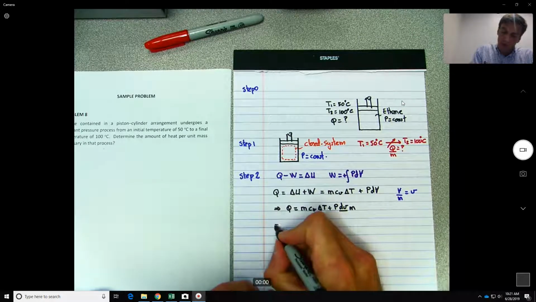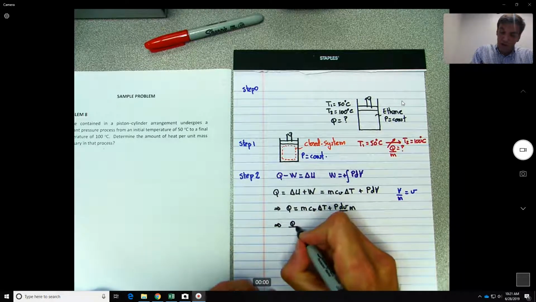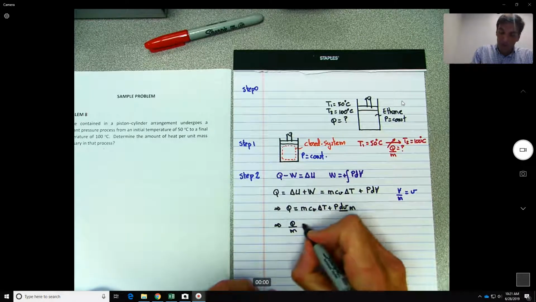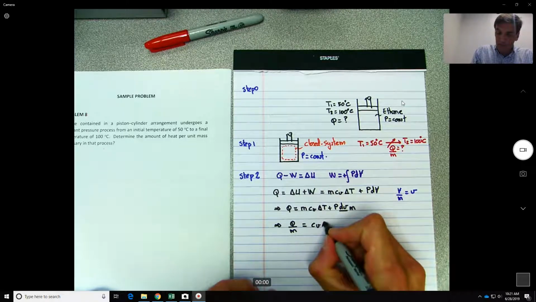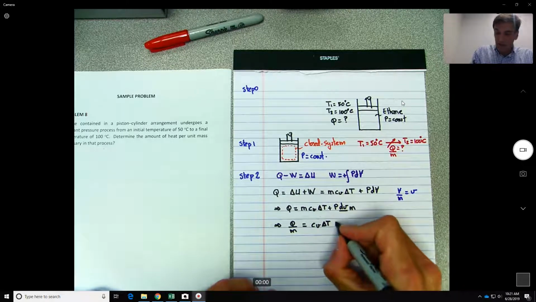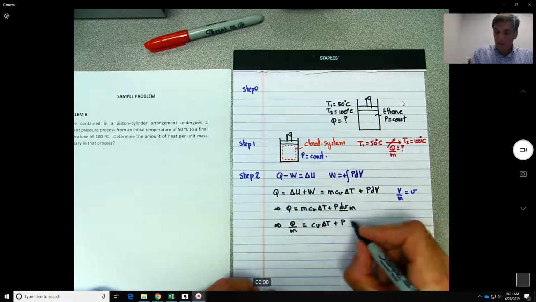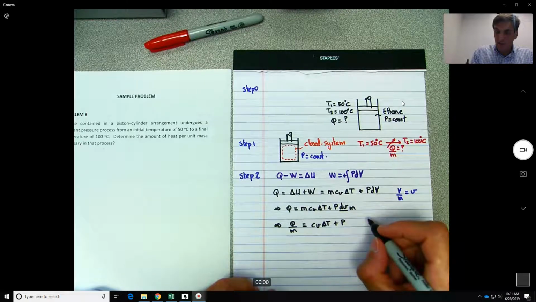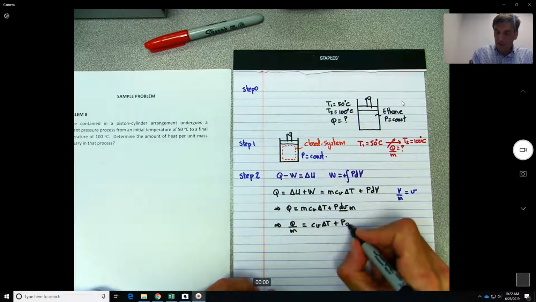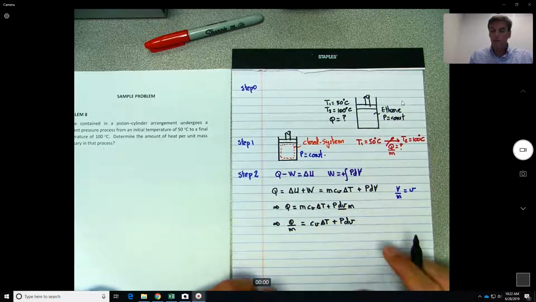So that the amount of heat per unit mass will be equal to Cv delta T plus P dV.